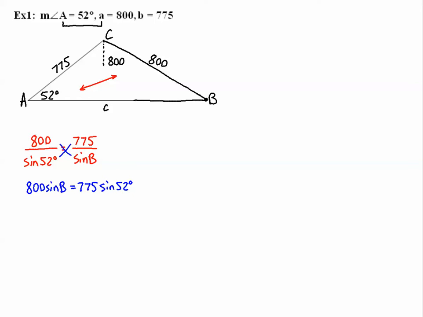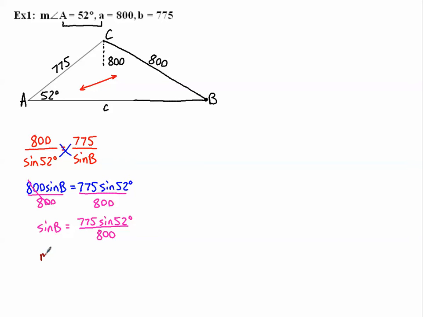I'm going to divide by my 800 to get rid of this number. And now I've got that the sine of angle B is equal to 775 sine of 52 degrees divided by 800. If I'm looking for angle B, I need to get rid of the sine.